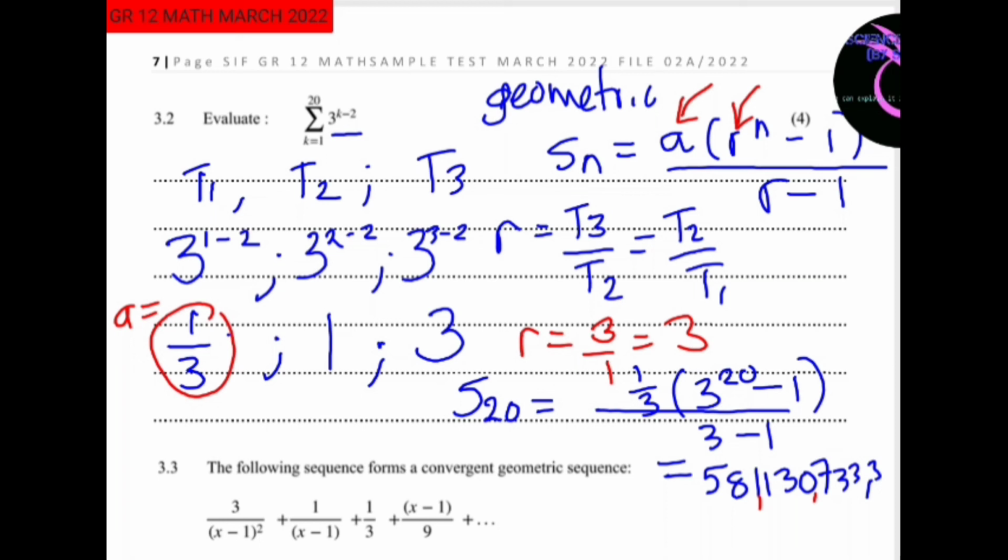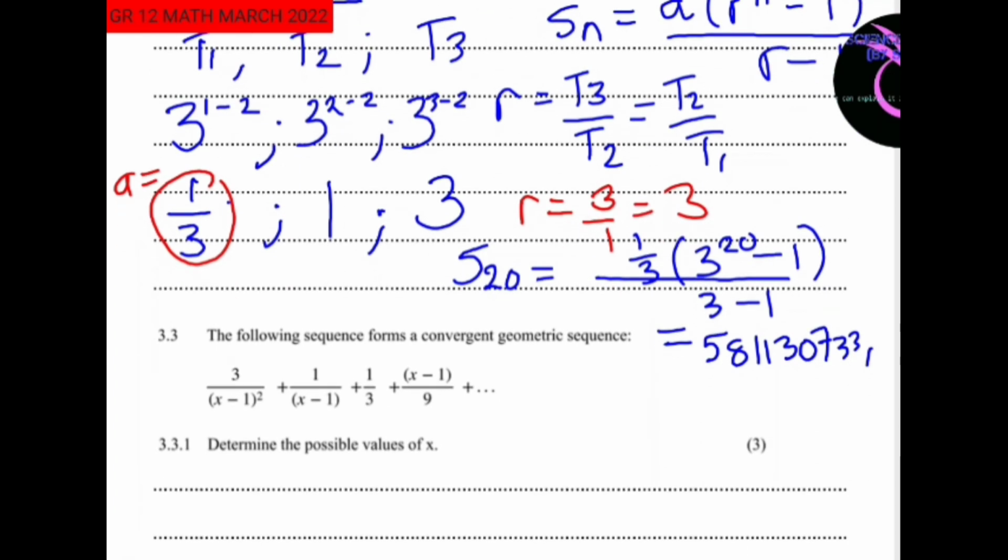I see that this number looks like 581,130,733,3. Listen carefully: 581,130,733,3. Okay, that is the answer.